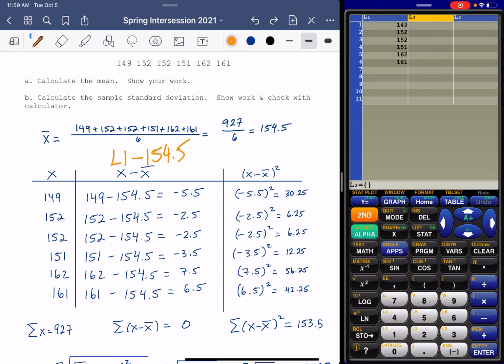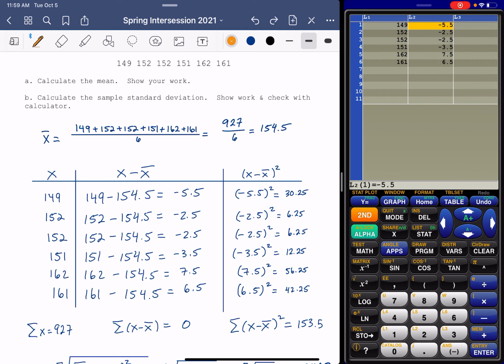So we're going to do L1 minus 154.5, right? 154.5. Let's see if we get this. Aha! We can see that the calculator calculated all the numbers that I needed. And I can double check my work. Awesome. Can we do the next column?